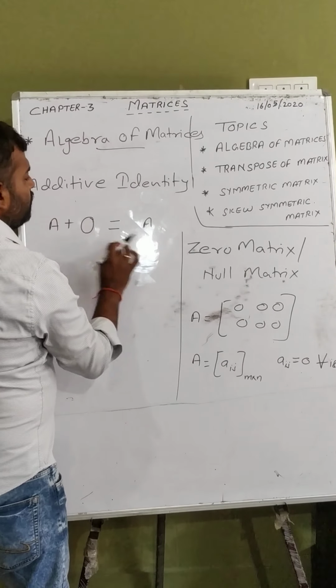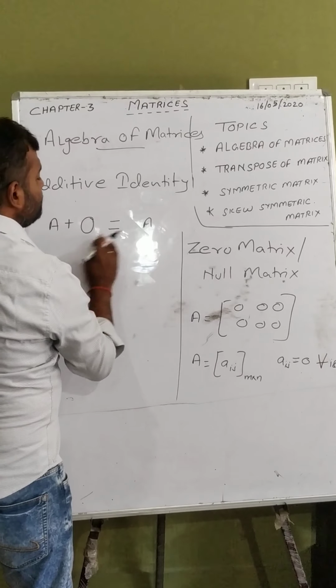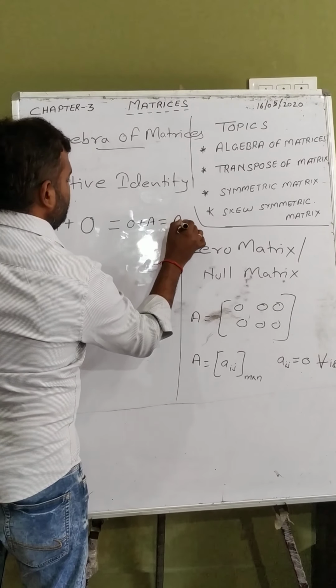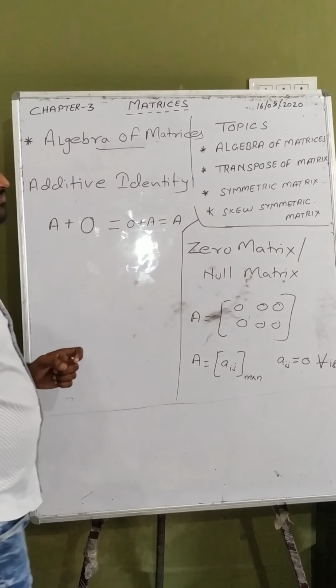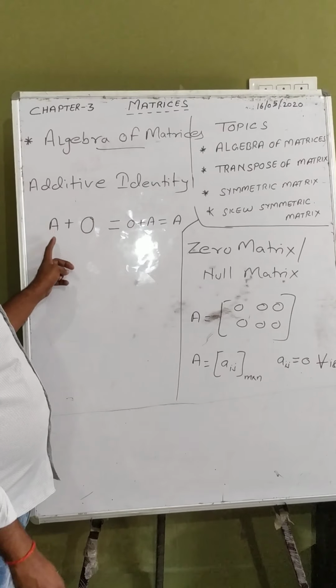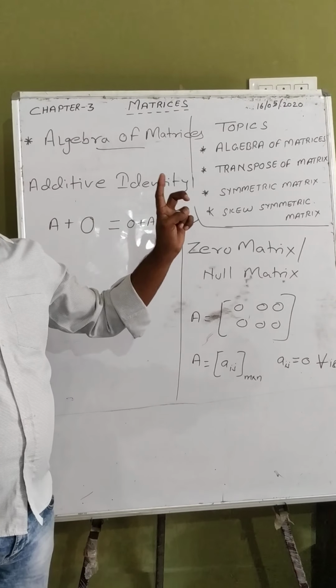It also follows the commutative law: A plus 0 can also be written as 0 plus A. So whenever we need to find the additive identity, A plus 0 equals 0 plus A equals A.